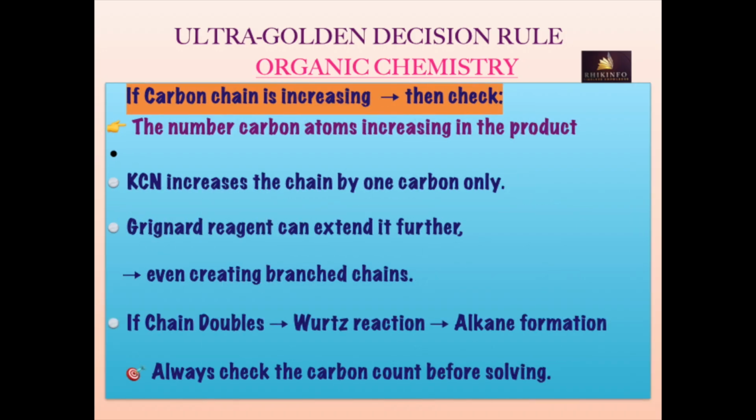Remember, cyanide increases the chain by one carbon only, while Grignard reagent can extend it further, even creating branched chains. Note, if chain doubling of alkyl halide occurs, think of the Wurtz reaction. So, always check the carbon count before solving.